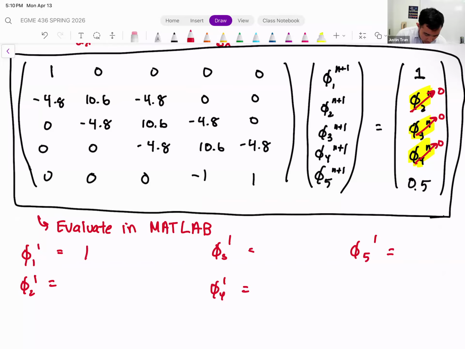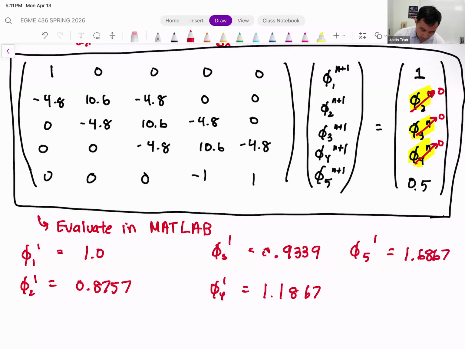So phi1 is just 1.0, phi2 is 0.8757, phi3 is 0.9339, phi4 is 1.1867, and then phi5 is 1.6867.